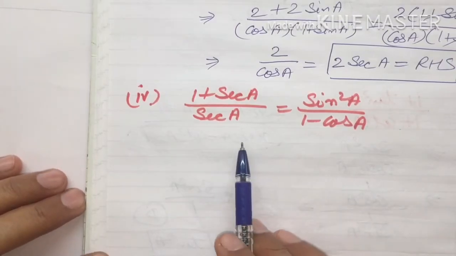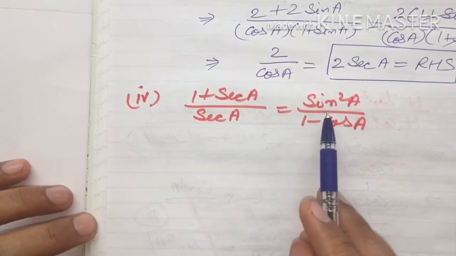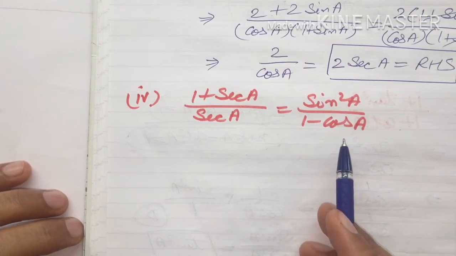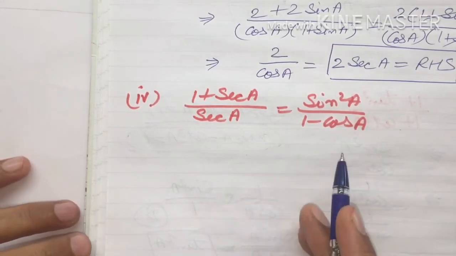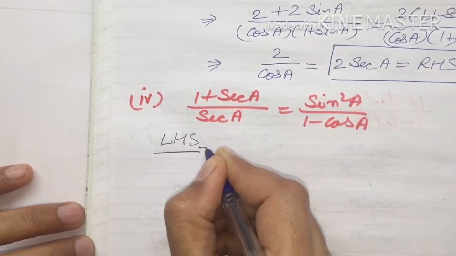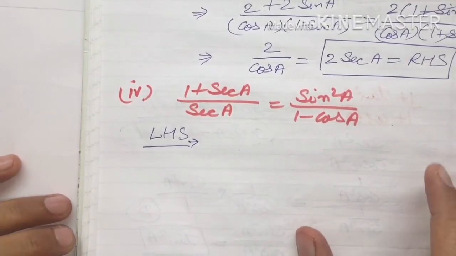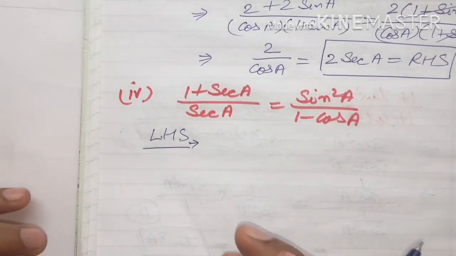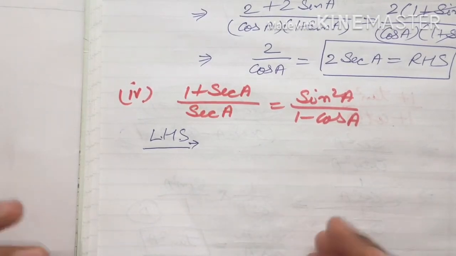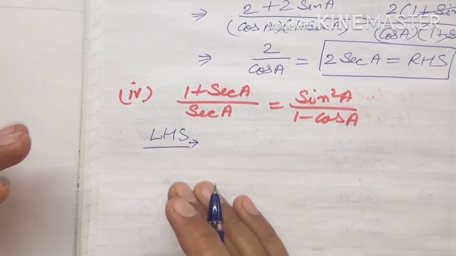Fourth part of question number 5: 1 plus secant a upon secant a is equal to sine square a upon 1 minus cos a. We need to prove these sides are equal. So we are taking left hand side first. So remember students, some questions can be there where you need to prove left side at a different stage and right side at a different stage, and then both left and right side you have to prove equal.